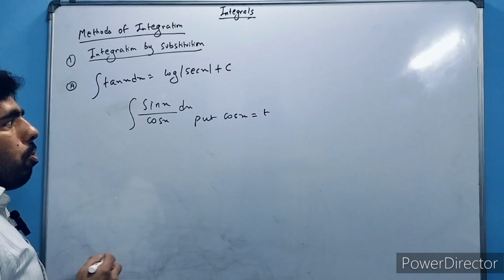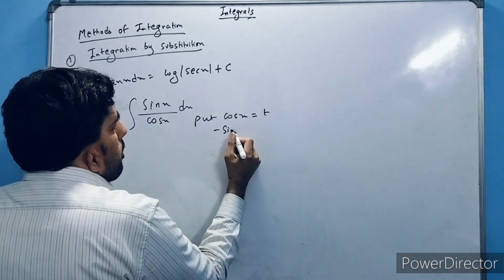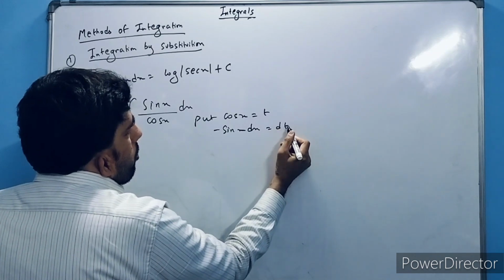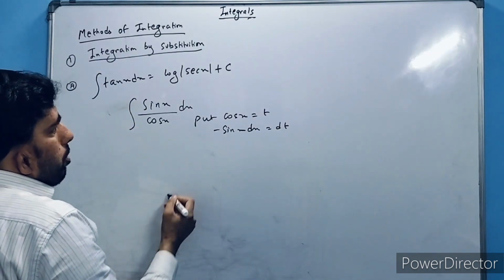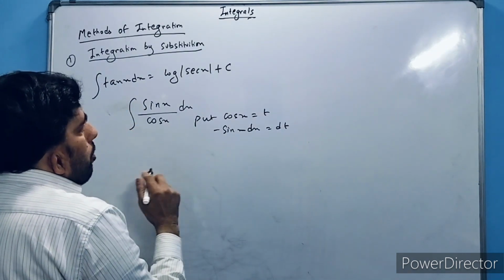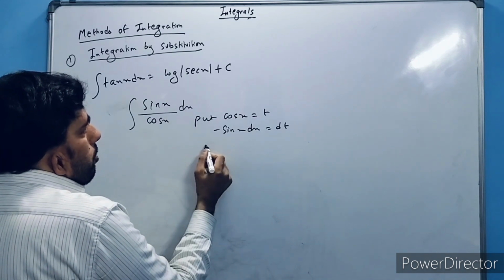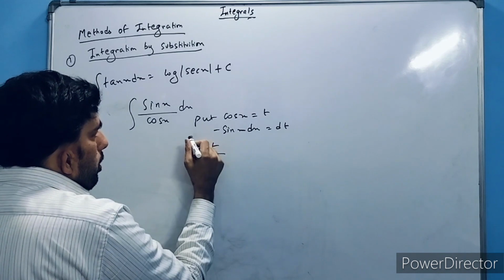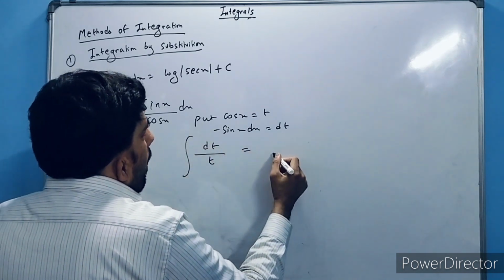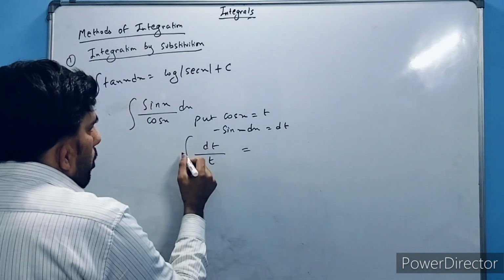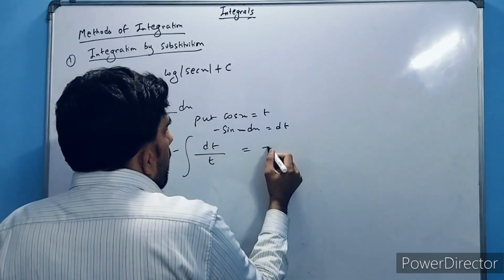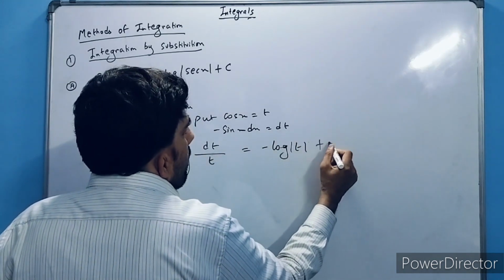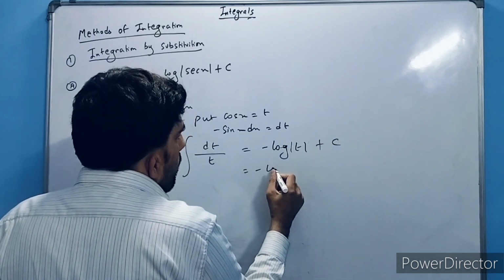Okay, so what will happen? Minus sin x dx is equal to dt. So here we'll get minus dt upon t. Now if I integrate, what I get here is minus log t plus c. Now what is t?